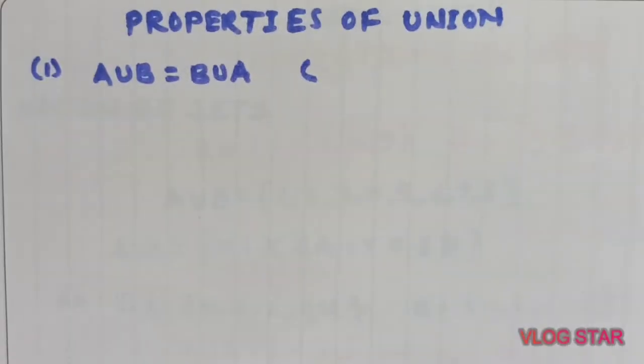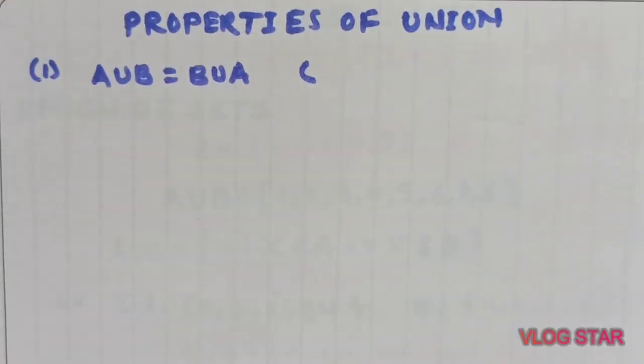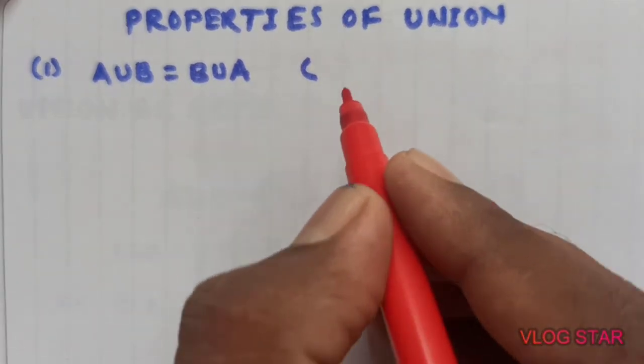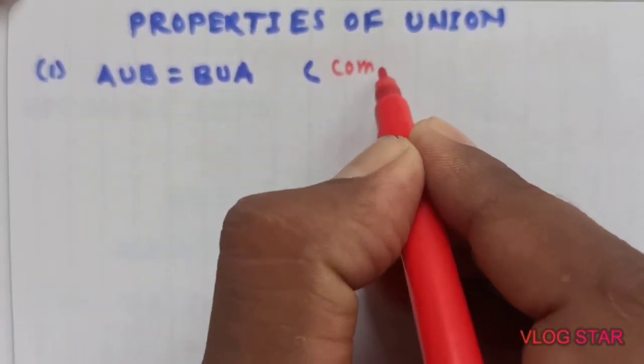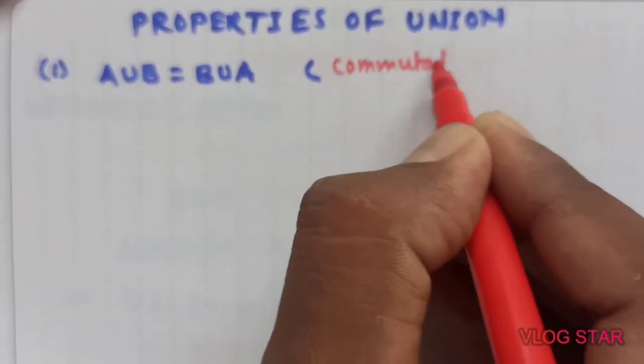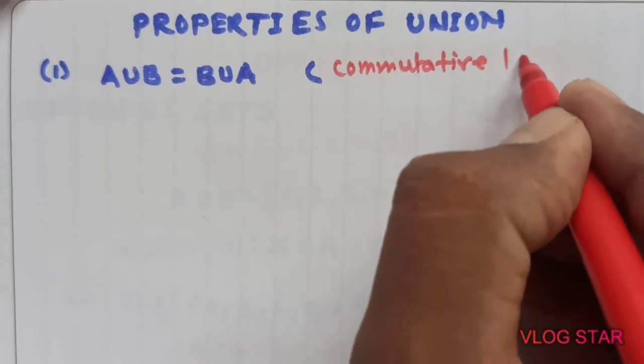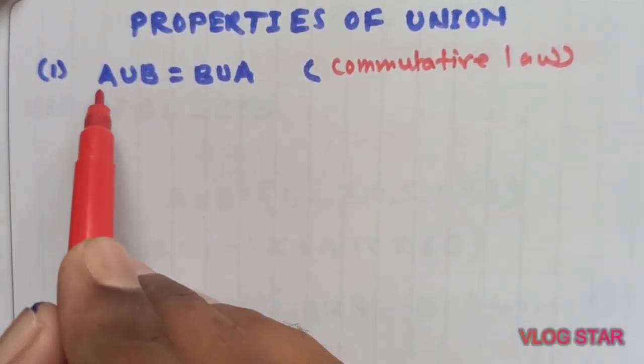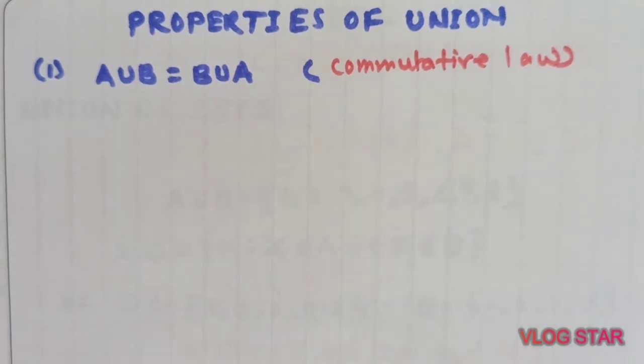You have studied in algebra: 2 into 3 is the same as 3 into 2, or 2 plus 3 is the same as 3 plus 2. What property do we call this? Commutative law. It means we can change the order, with no effect on the answer. A union B is the same as B union A.